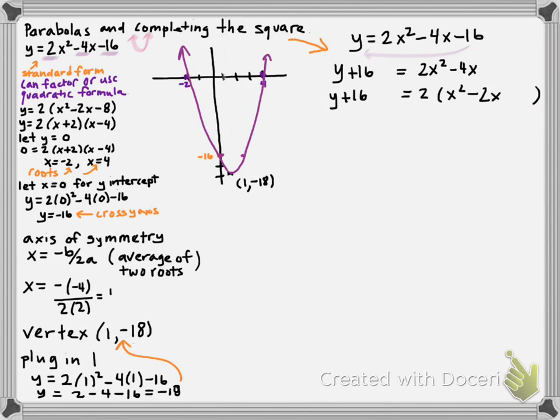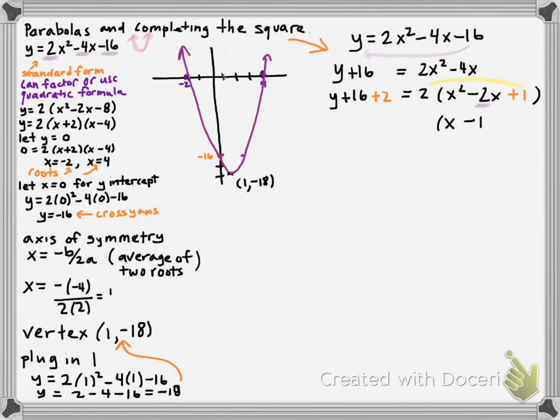I'm going to take that -2 and divide it by 2, and I get -1, and then I'm going to square it and put that into my equation. Now it looks like I only added a 1 on the right-hand side, but remember that 1 is being multiplied by 2 on the outside, so I have to balance the left side by adding that same amount, 2. So now I added 2 on one side and 2 on the other side.